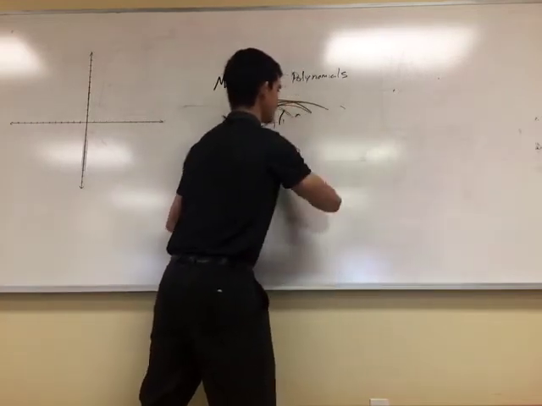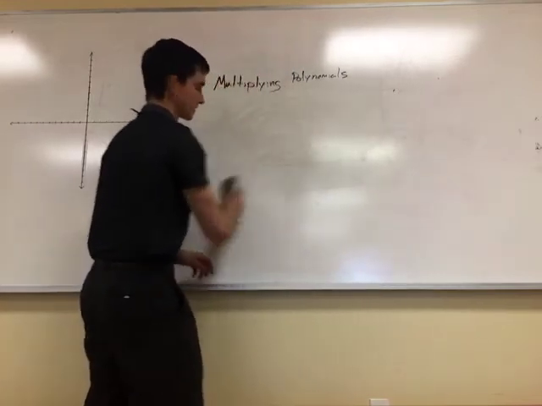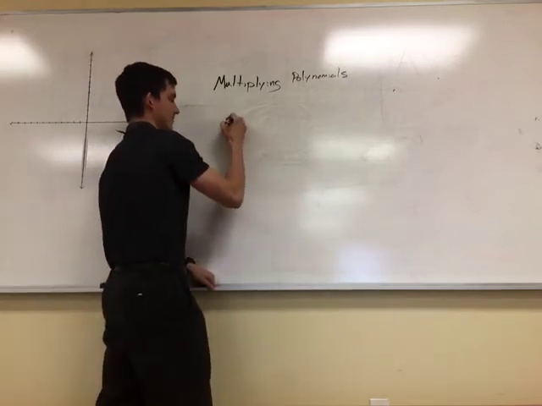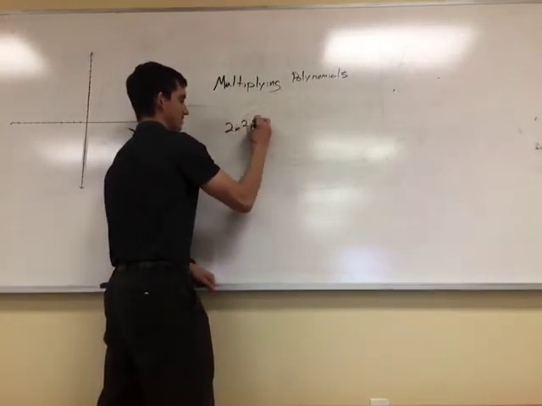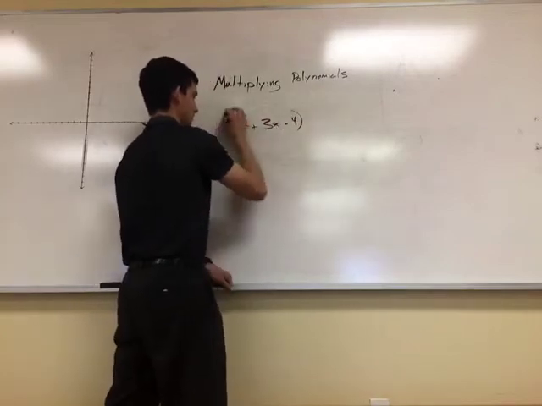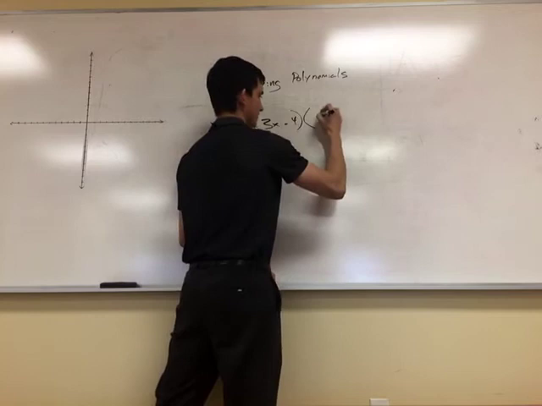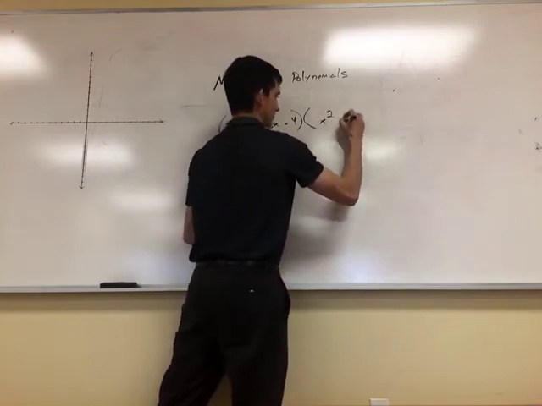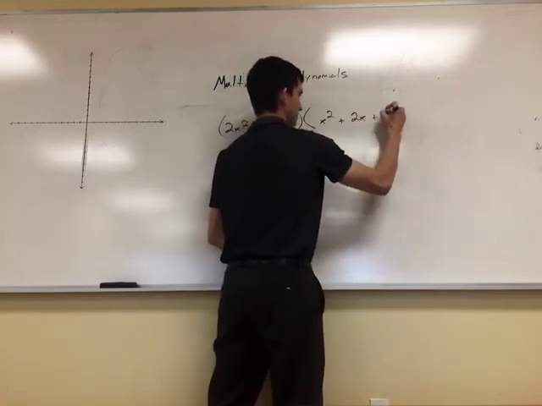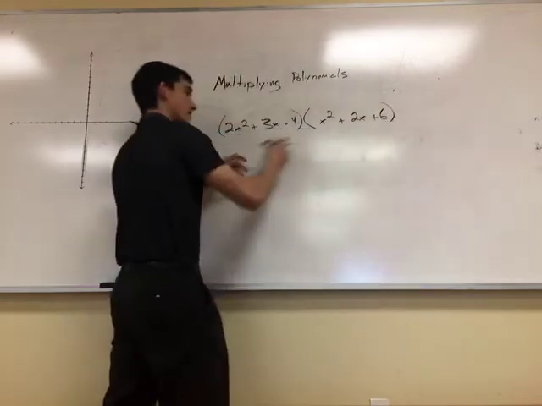Let me make up one more example. I'm just going to make this one up instead of going out of the book. Let's say we have 2x squared plus 3x minus 4 times x squared plus 2x plus 6. A 3 by 3.